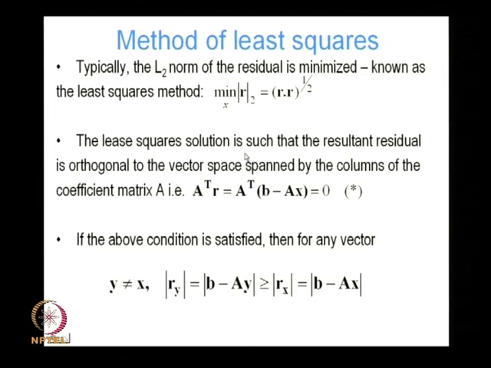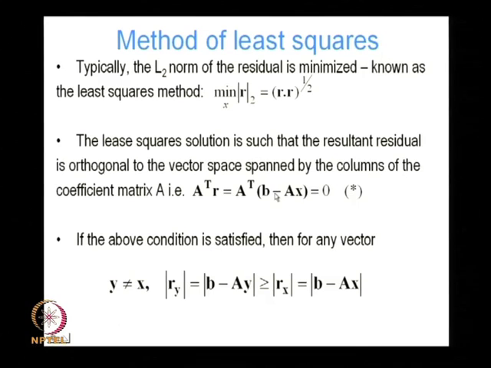The least squares solution is such that the resultant residual is orthogonal to the vector space spanned by the columns of the coefficient matrix. Basically A transpose r is equal to 0. Recall we defined r is equal to b minus Ax.